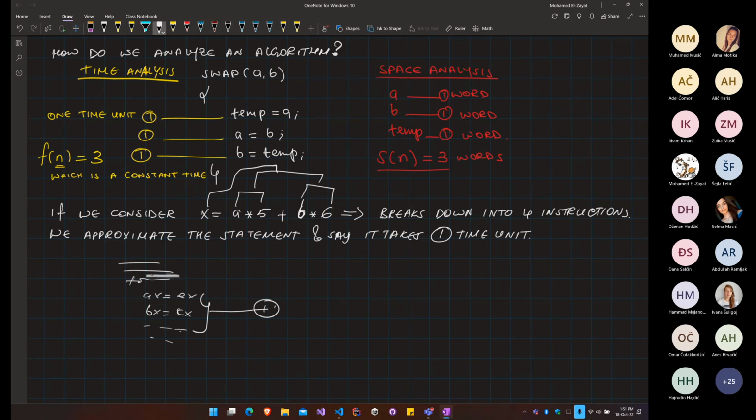Then you are busy just with the for loops and the while loops and the if statements, because these are the branches. When you have a branching, you say the best case scenario is this, the worst case scenario is that, because you need to test both branches and see what will happen if it was false or true. But we're going to get into that later. So that's out of the way.